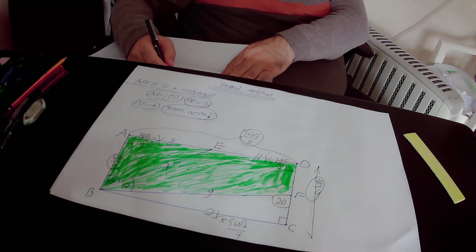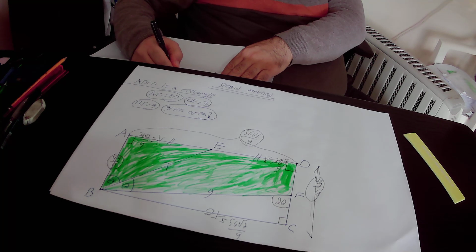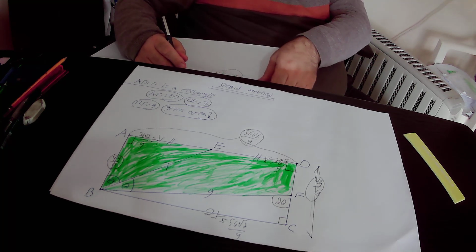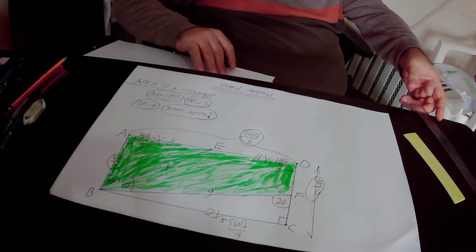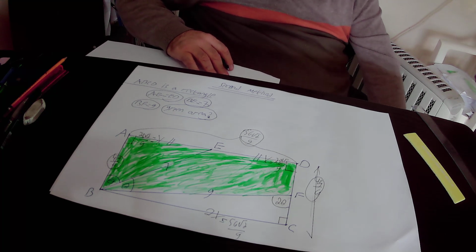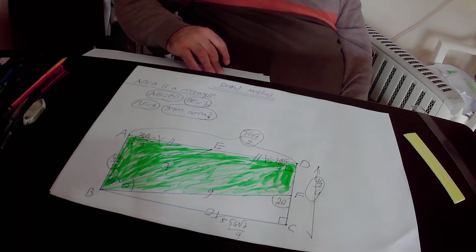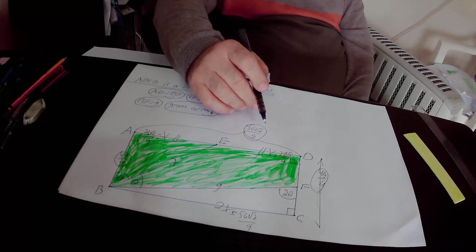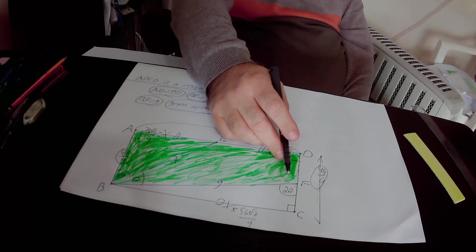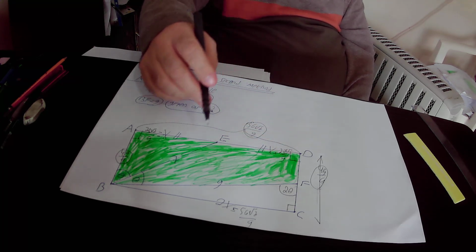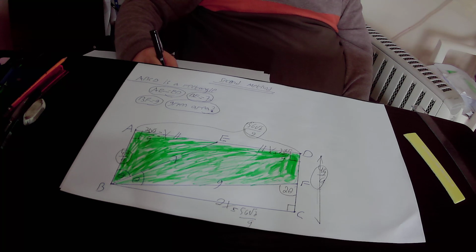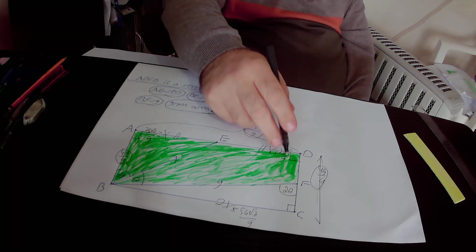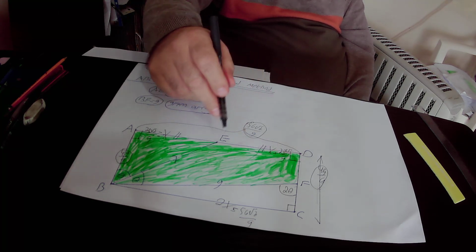Here cosine 2 theta equals FC over 2x. Cosine 2 theta equals FC over 9.